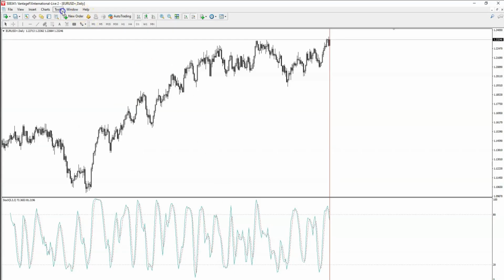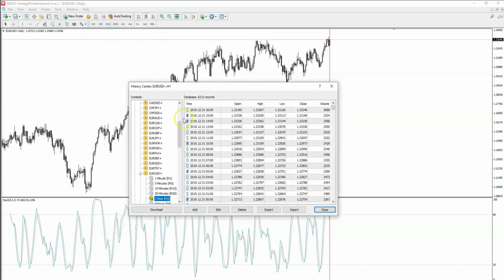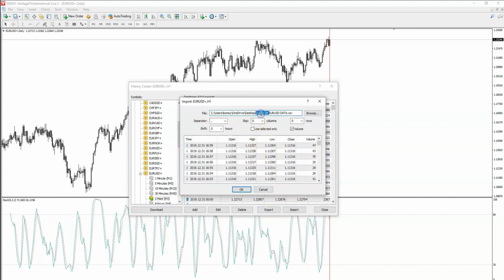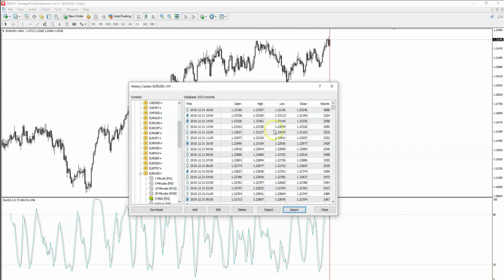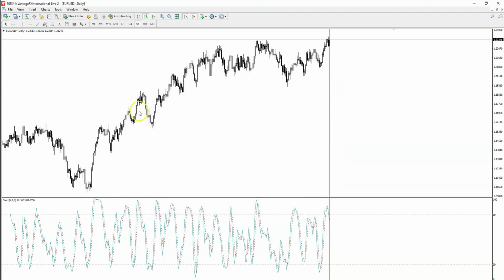Within MetaTrader, we go to Tools, History Center, and we delete all the data from the History Center. Once we run the random command, we'll import this random data set, and we create 2 charts.